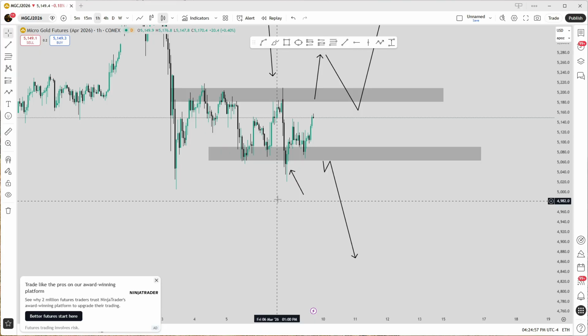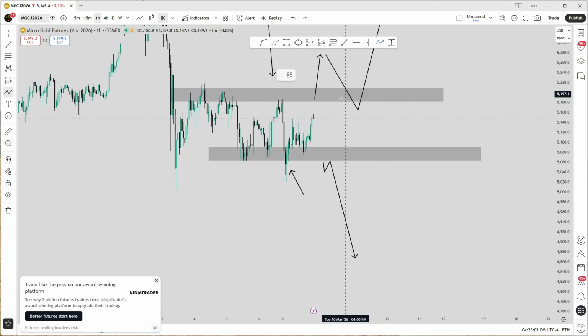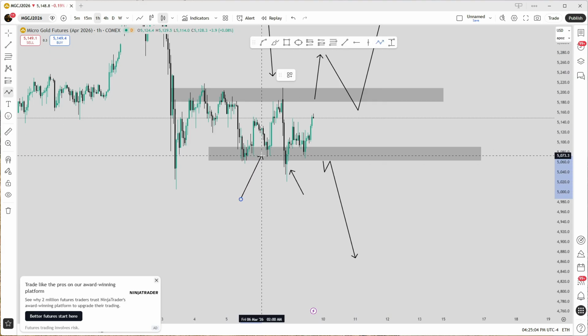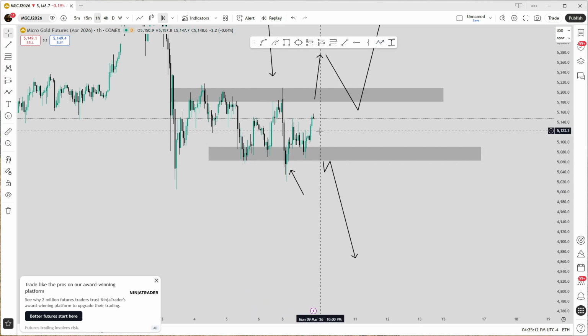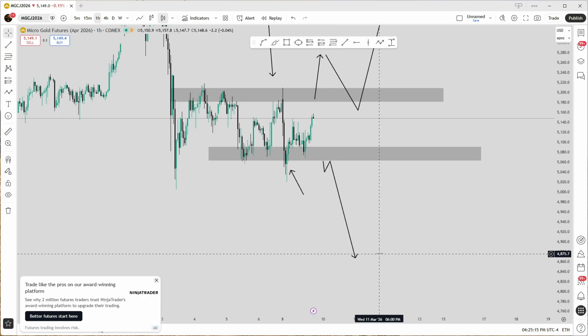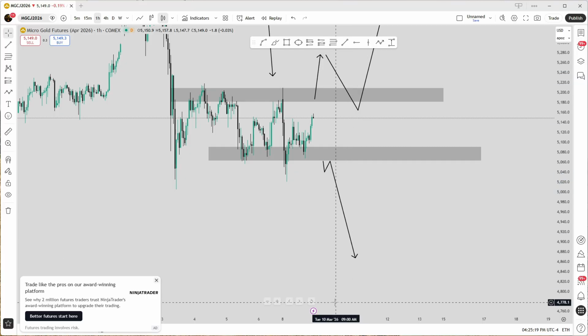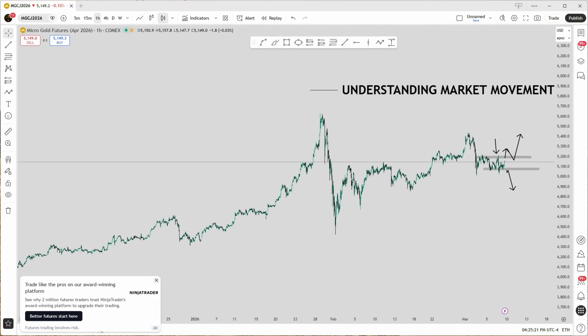Notice this is lower than this gray zone because this was the last low, and now the market broke through that zone, so we have a lower low. So we need the market to come below this to even get a sell-off trade.